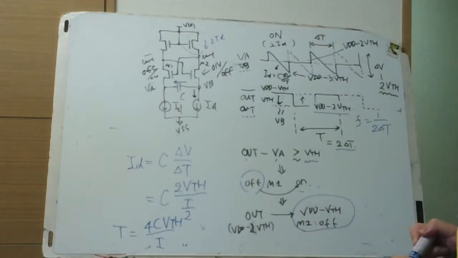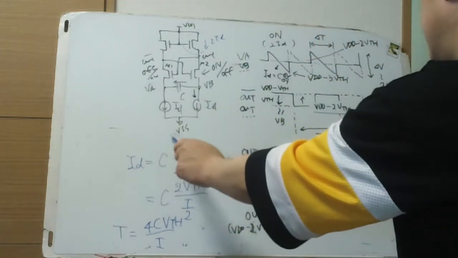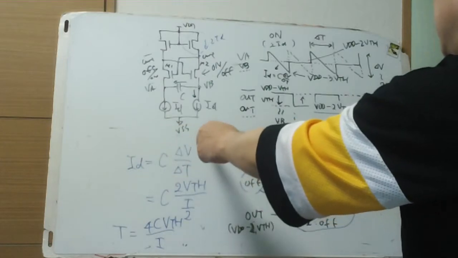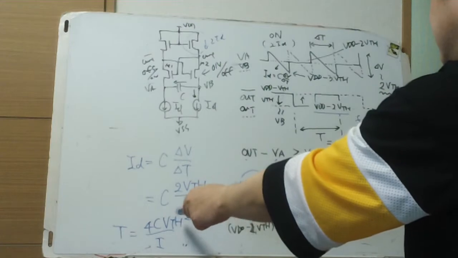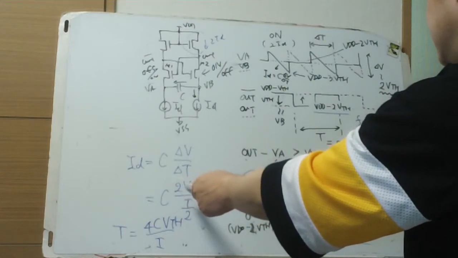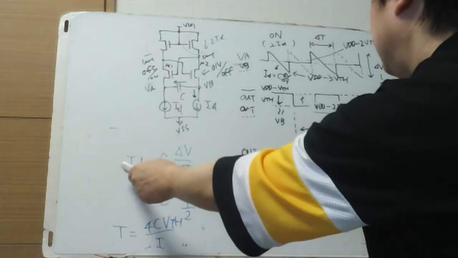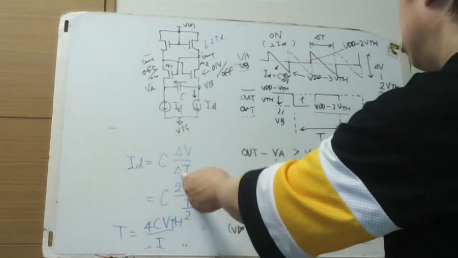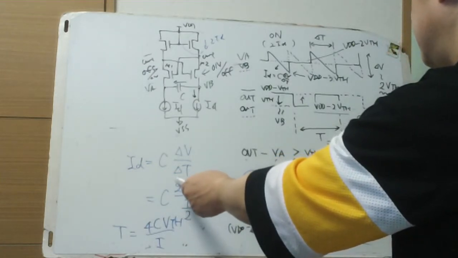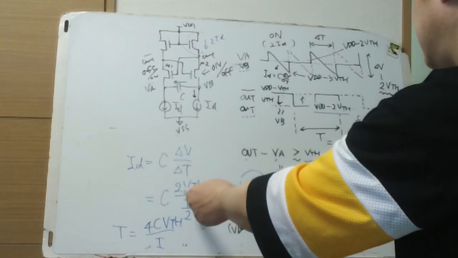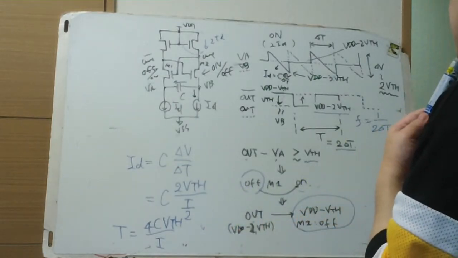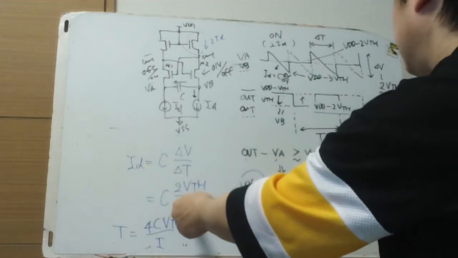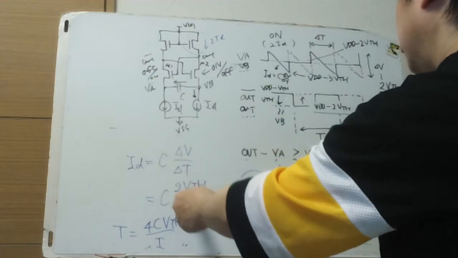Ready? Q equals CV, I equals C dV/dt, with delta V of 2 VTH, and ID times T equals 4 VTH C, so T equals 4 C VTH divided by ID.